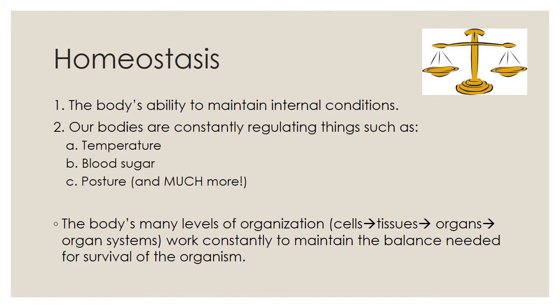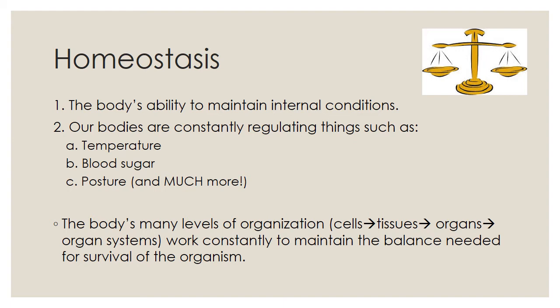So homeostasis is the body's ability to maintain internal conditions. And internal conditions, there's several different things that means. So our bodies are constantly working to regulate things like our temperature, our blood sugar, our posture, and so much more. But three main things are temperature, blood sugar, and posture.